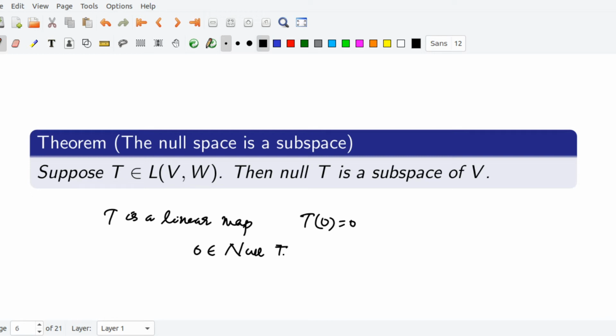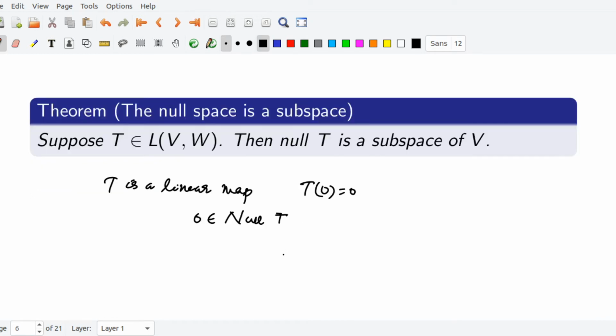To prove that it is a subspace, we have to prove that addition is closed and scalar multiplication is closed. To check addition is closed, take two arbitrary vectors u and v from the null space of T. We have to prove u plus v belongs to the null space of T; then only we can say that addition is closed.